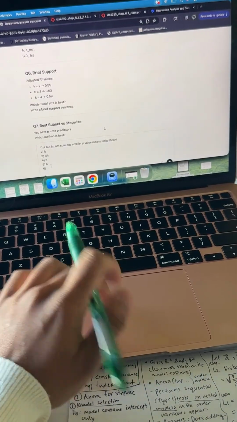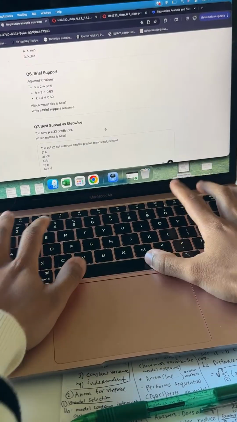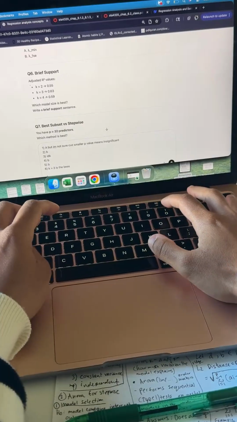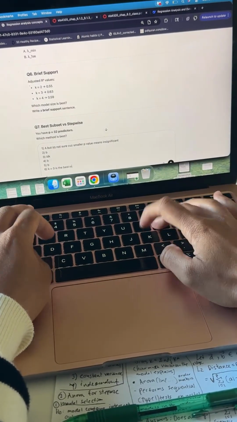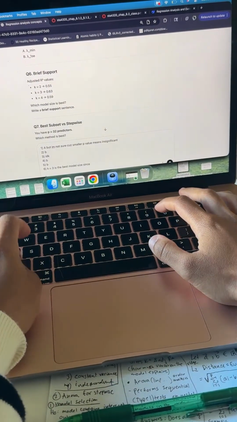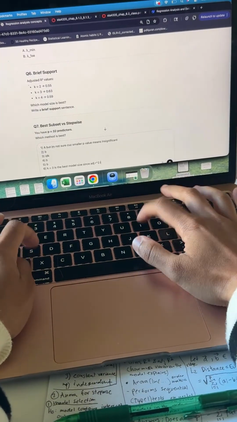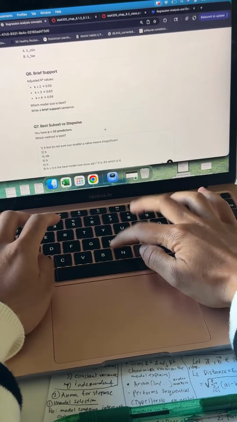Write a brief support sentence. K equals 3 is the best model size, since adjusted R-squared is 0.63, which is highest.